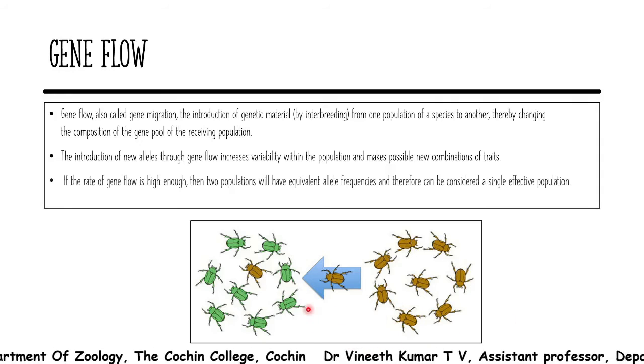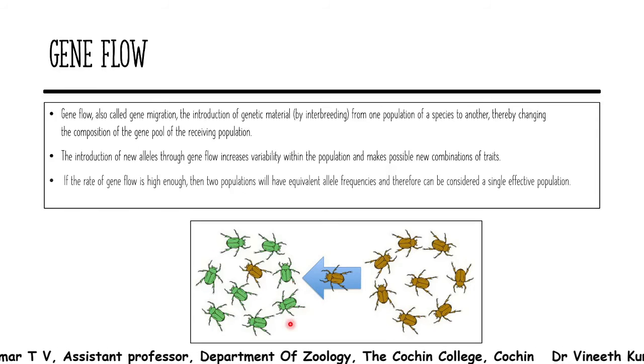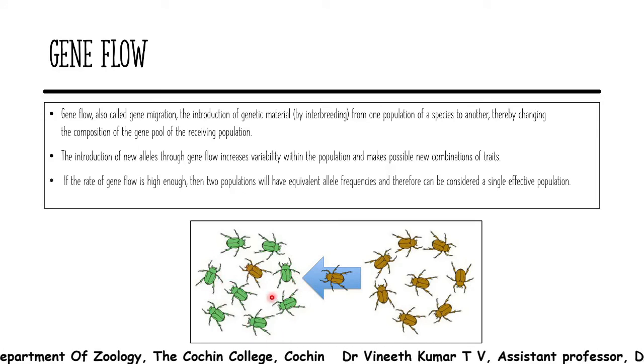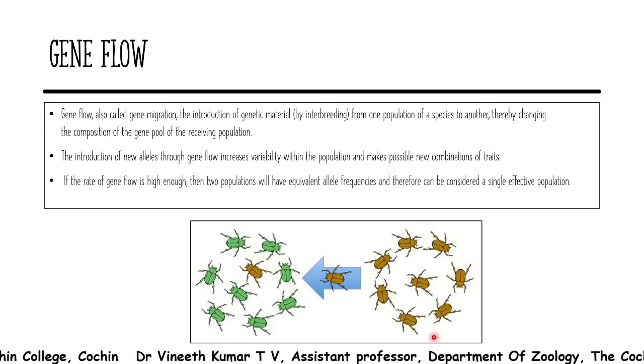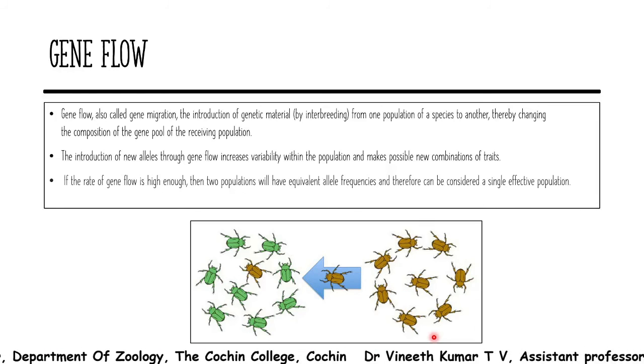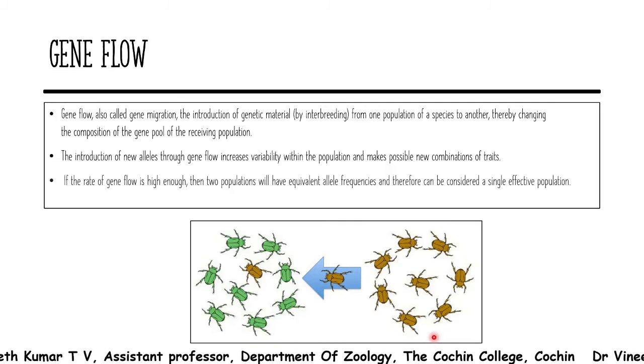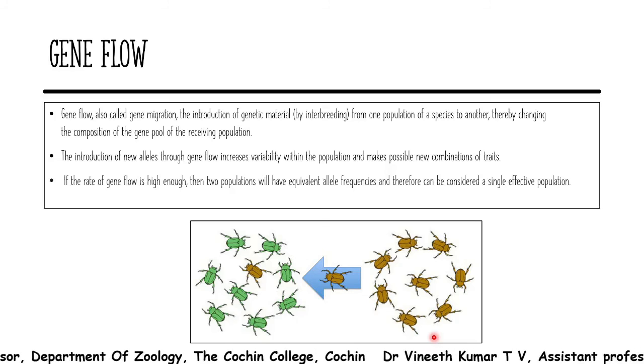If you take these as two gene pools, this was a gene pool having one type of gene frequency, and this was having a different type of gene frequency, and migration or gene flow will cause a change in this gene pool combination.